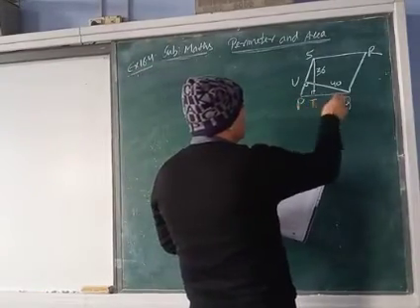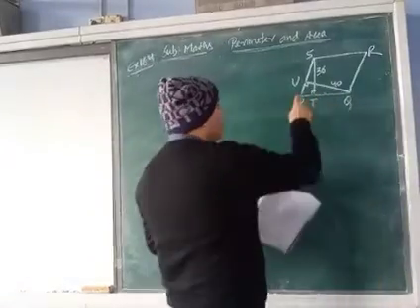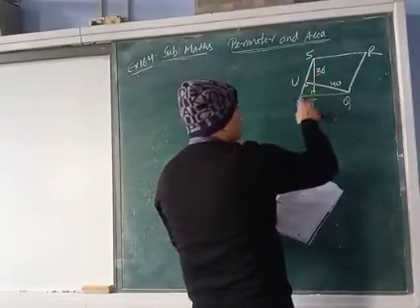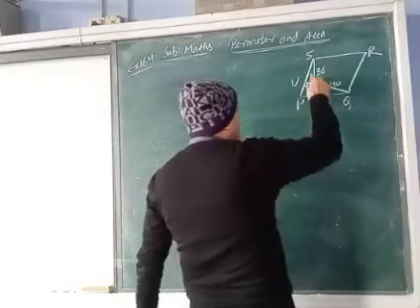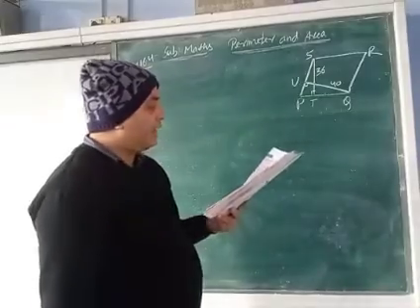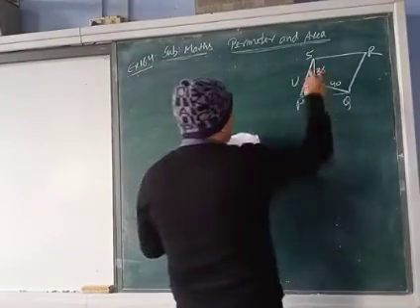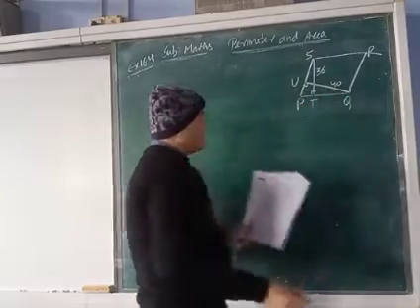This is side PQ, and the numerical value is 36. ST is perpendicular to PQ, so the length of ST is 36 centimeters. And the length of the perpendicular PS is 40 centimeters.